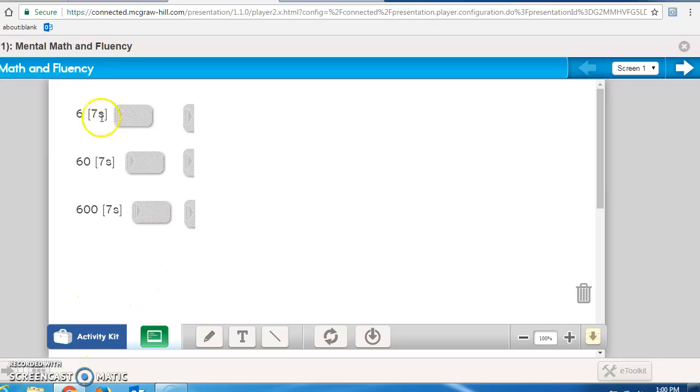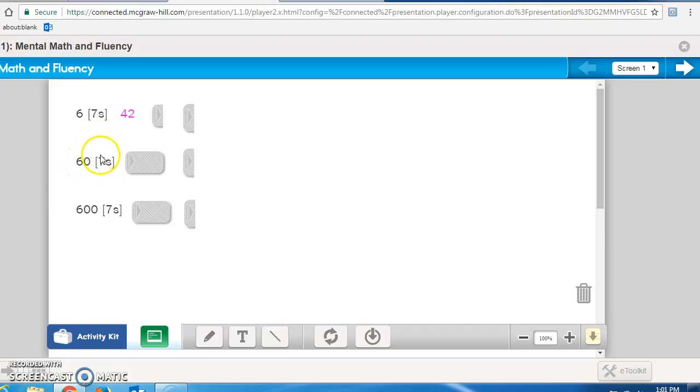What is 6 groups of 7s? Well, instead of adding 7 plus 7 plus 7 six times, we would just multiply. 6 groups of 7 is 6 times 7, which equals 42. So again, 60 groups of 7.